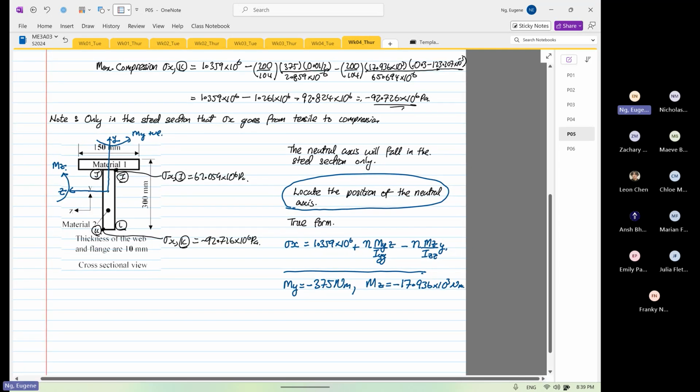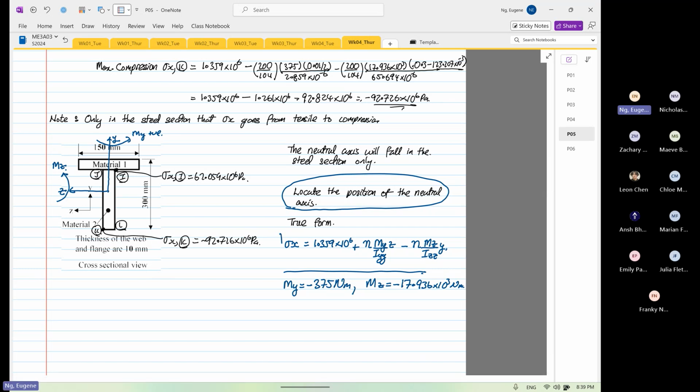Because the true form equation, which is the one I'm putting in a blue box, is derived based on the transformation where y is going up, z is going towards the left, and we are gripping using the right hand rule.